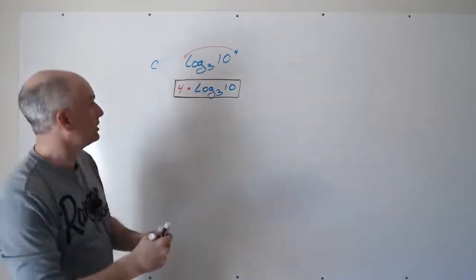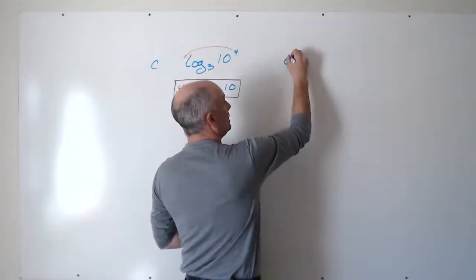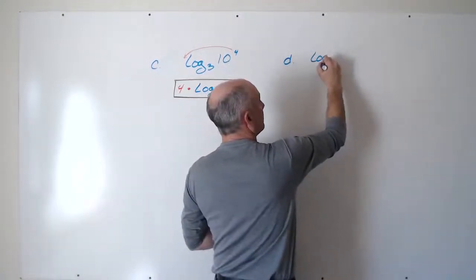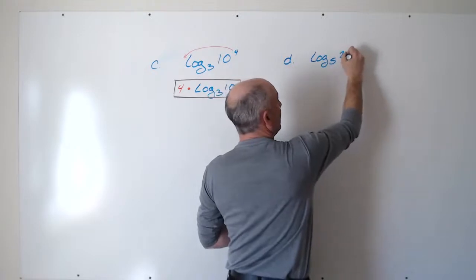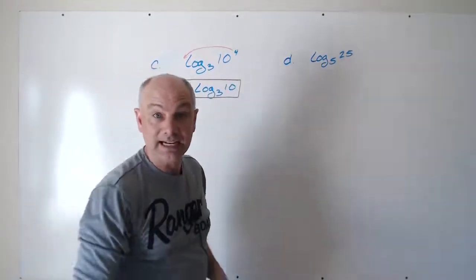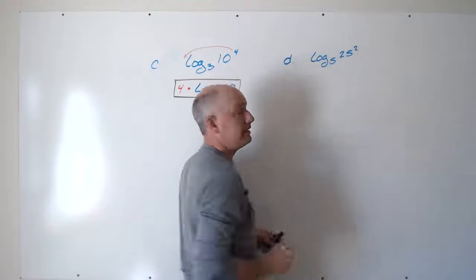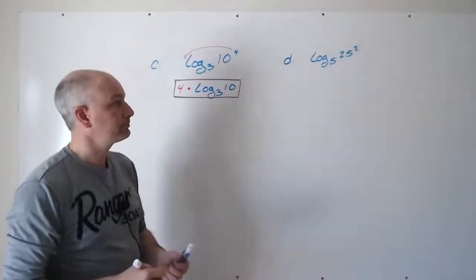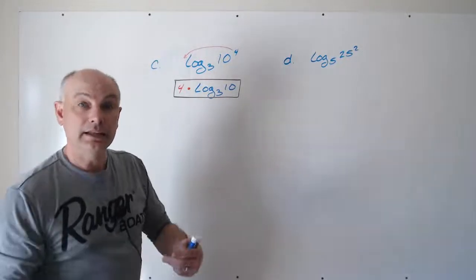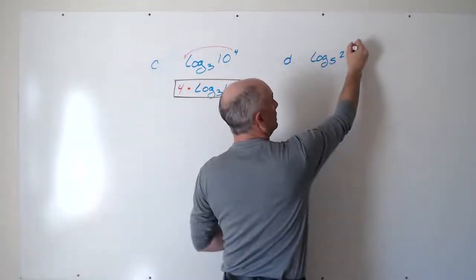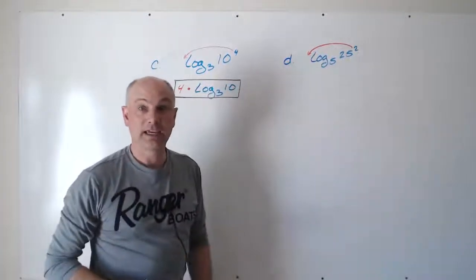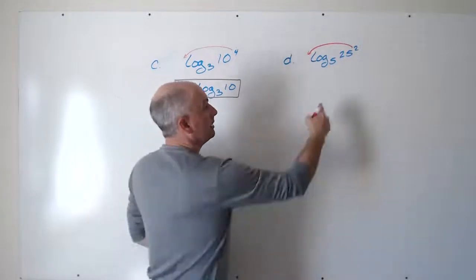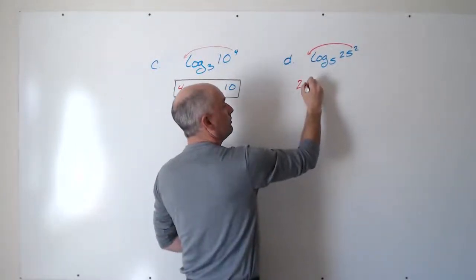Okay, let's look at part D. In part D, you have log base 5 of 25, and that's raised to the second power. All right, same thing. Pause the video, try it, come back when you're ready. In this problem, we can actually do a little simplification. Now, again, multiple ways we can do this, but keep in mind the intent. I'm going to move the 2 down as a multiplier.